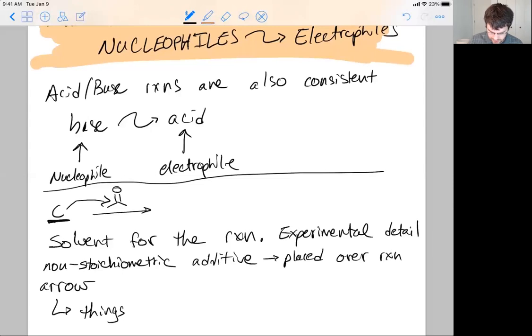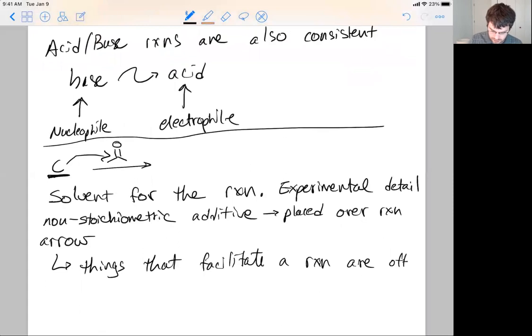Things that facilitate a reaction are often drawn above or below the reaction arrow.